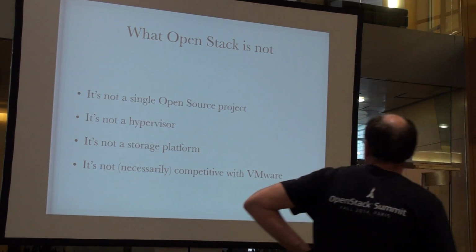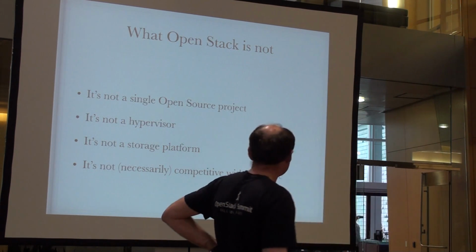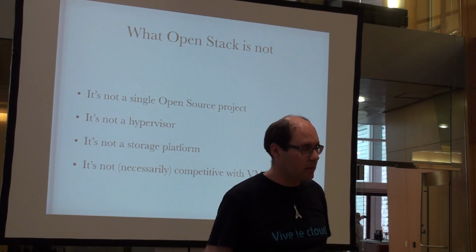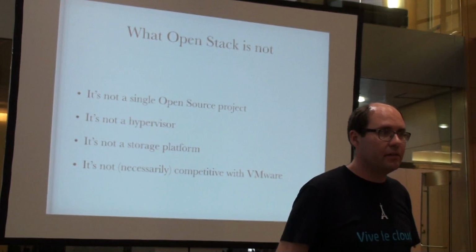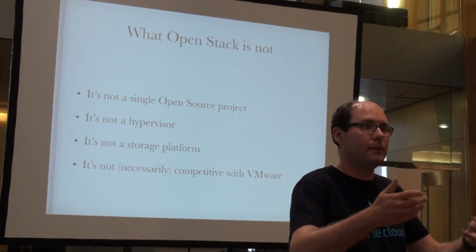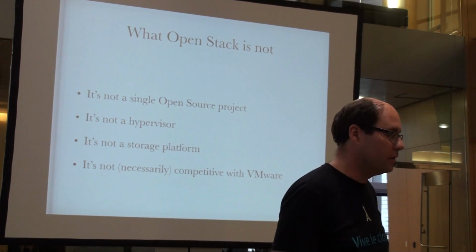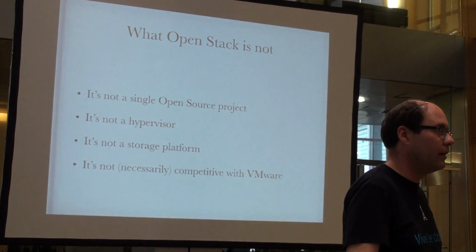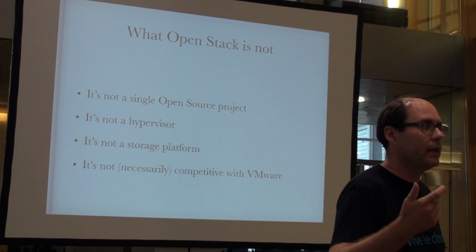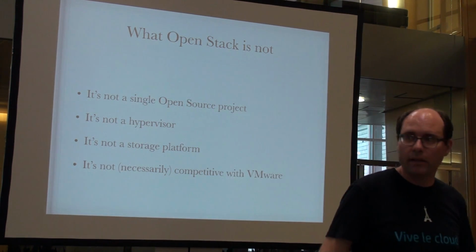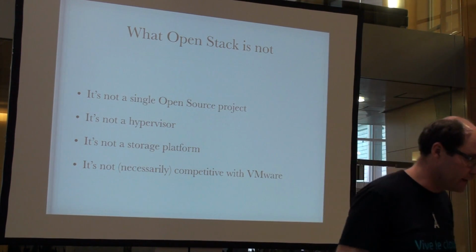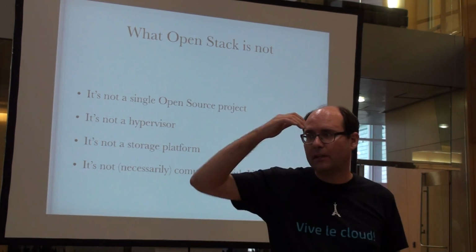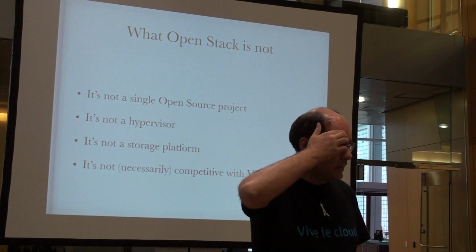But let's start again. OpenStack is not a single open source project. It's actually a collection of lots of open source projects. It's not a hypervisor, like VMware, which virtualizes things. VMware has one hypervisor; with OpenStack, you can use any hypervisor you want and it supports it, like VMware support, Hyper-V support, KVM and all the other free ones, Xen and so on. It's a platform that started sort of out of that, so it can do much more.